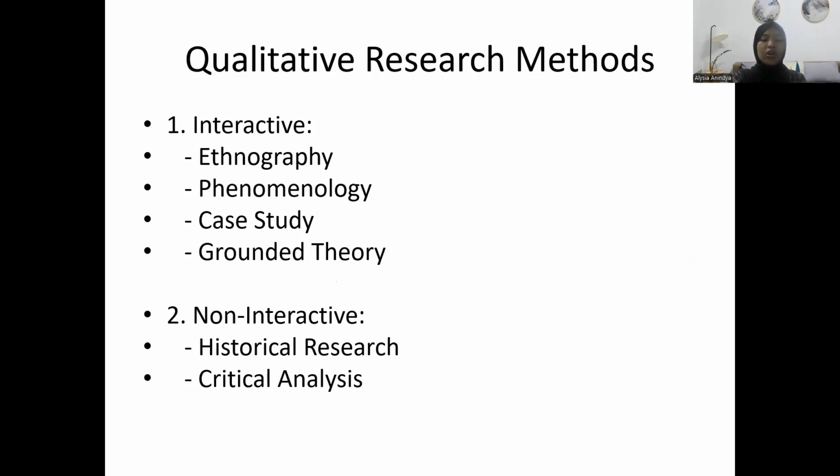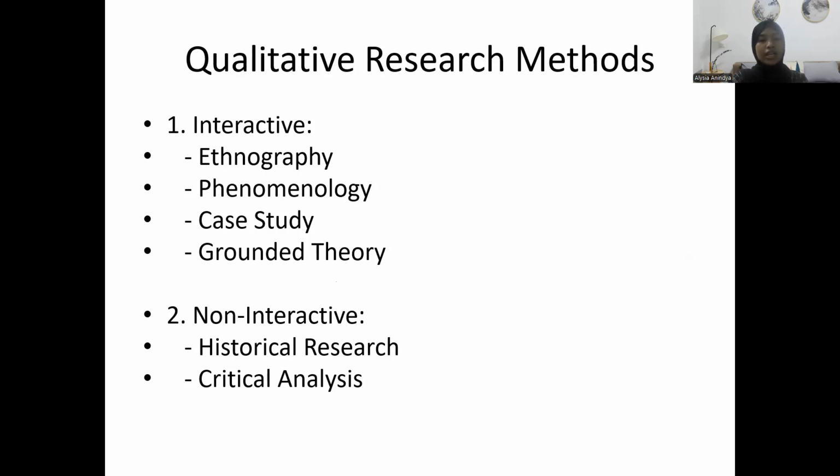Phenomenology is for studying how people experience something. The case study is for examining one person or a small group in more depth. And grounded theory is for developing new theories based on the data.